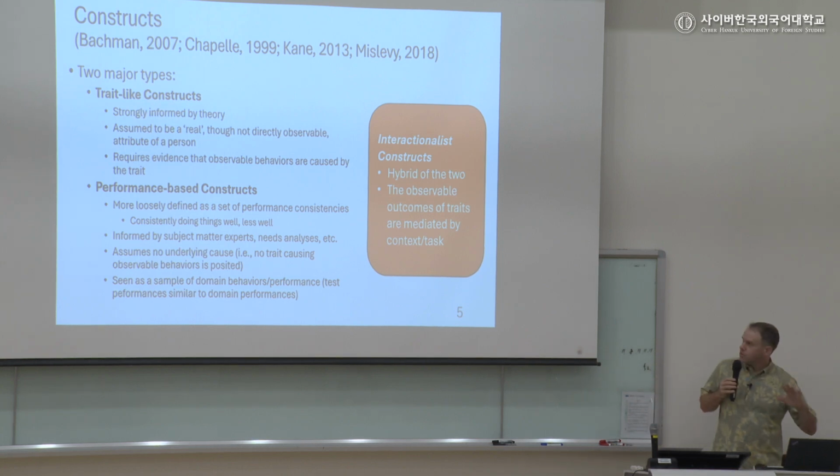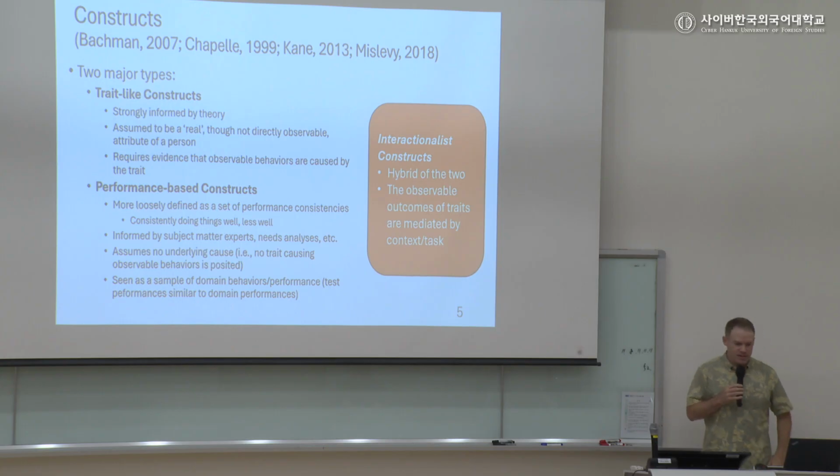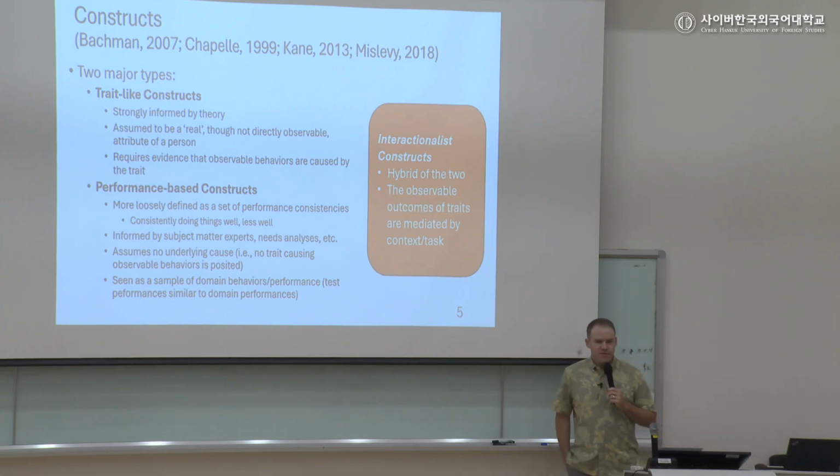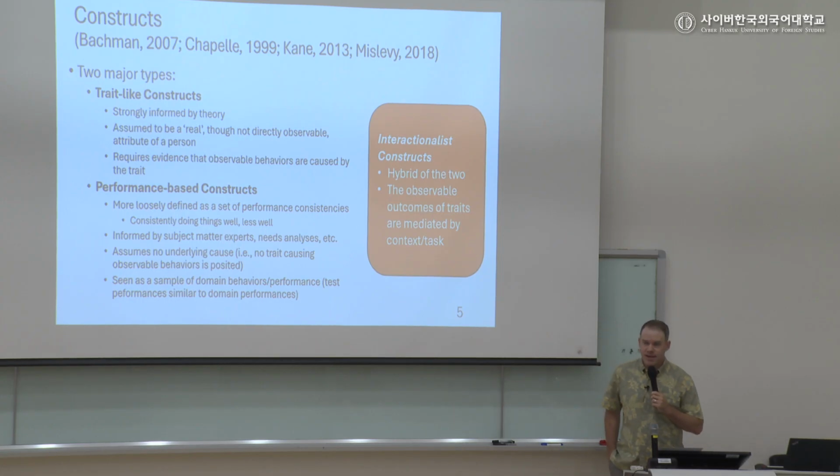So these are the two major types, and I wanted to set this up. It'll matter a little bit later when it comes to looking at evidence to support the relevance of test scores and their constructs. And I'll also point out that there is a third way, a hybrid approach that recognizes that we probably have strong enough theory for what language is and how proficiency works and develops.